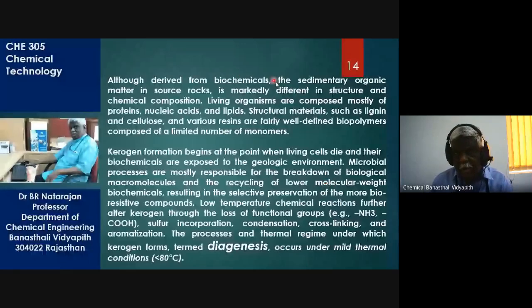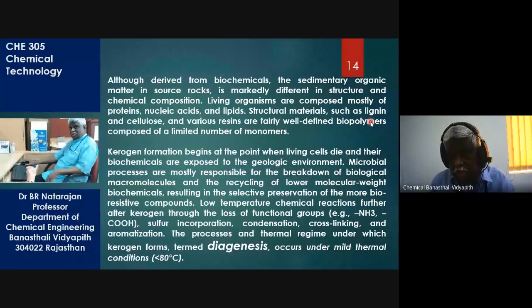Although derived from biochemicals, the sedimentary organic matter in source rocks is markedly different in structure and chemical composition. All living organisms have protein, nucleic acids, and lipids. Structural materials such as lignin and cellulose and various resins are fairly well defined biopolymers. Remember, wood has got cellulose and lignin.